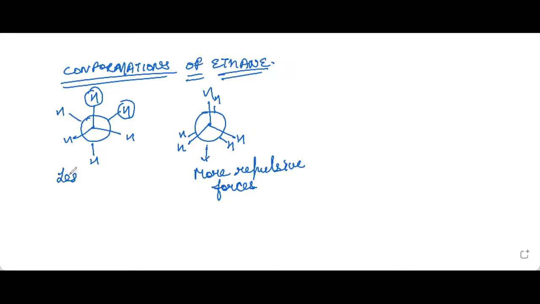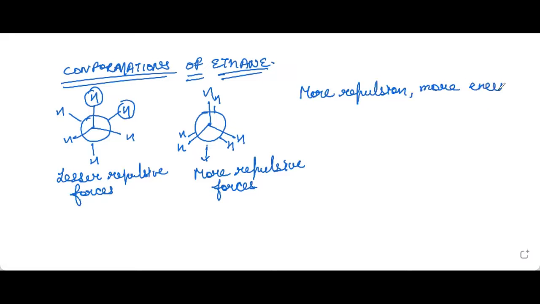Here we have lesser repulsive forces. Now always keep it in mind that whenever there is large repulsive force, there is large energy of the molecule, there is lesser stability. More repulsion, more energy of the molecule, lesser stability.